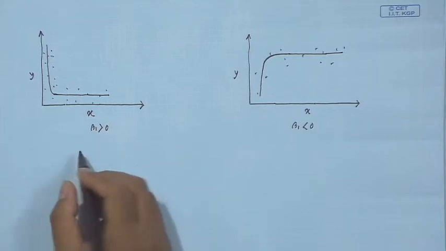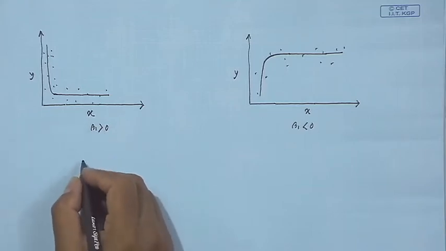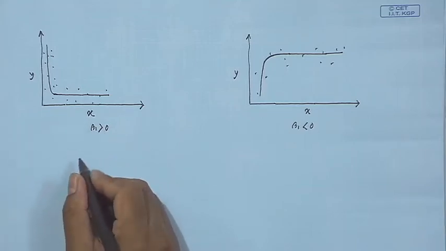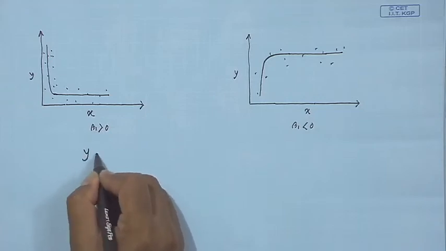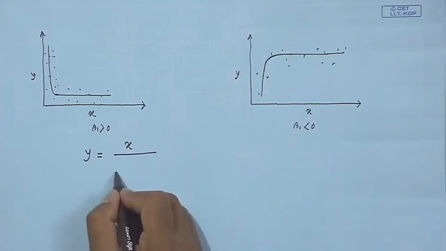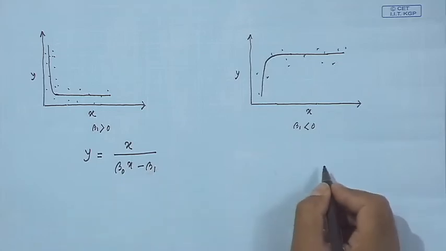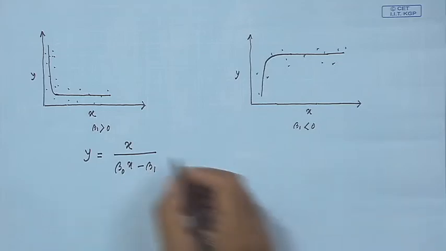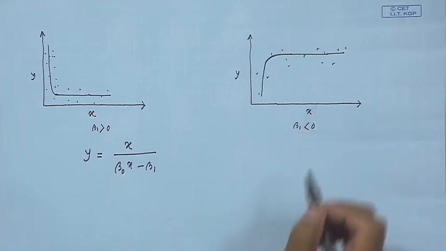Then the relationship between y and x is again a linearizable function. Here y is equal to x by beta naught x minus beta 1, and this one is for beta 1 greater than 0, and this one is for beta 1 less than 0.